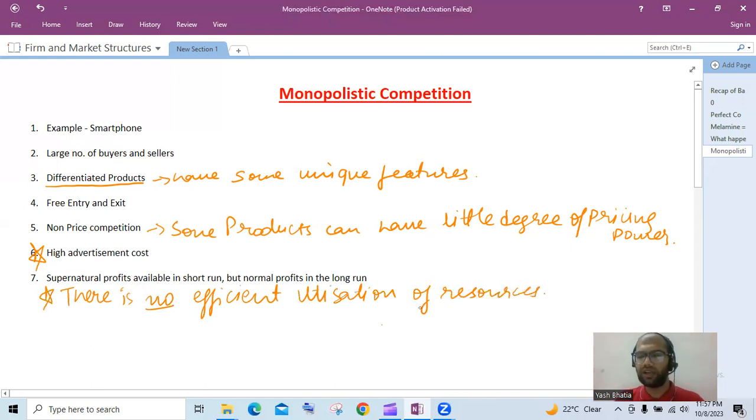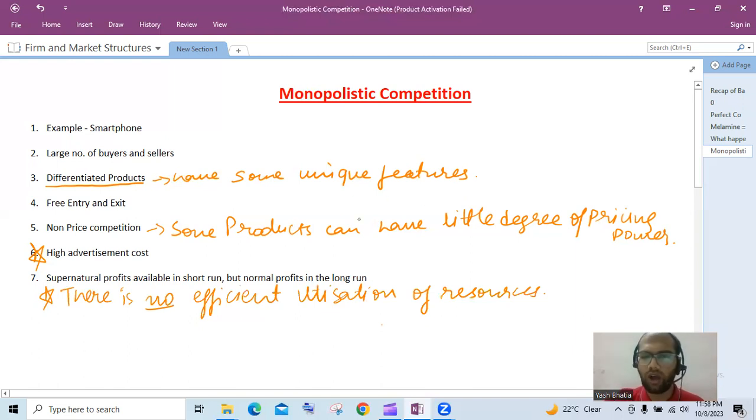That would mean that, in the cost structure, firms are not operating at the lowest point of AC. You need to remember these points. I will give the explanation a little later in this video. You just need to remember these few points of monopolistic competition.